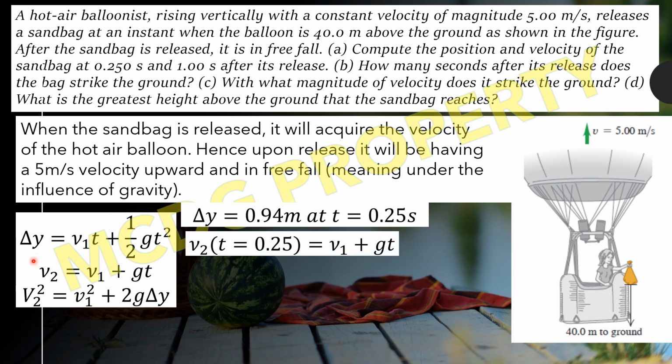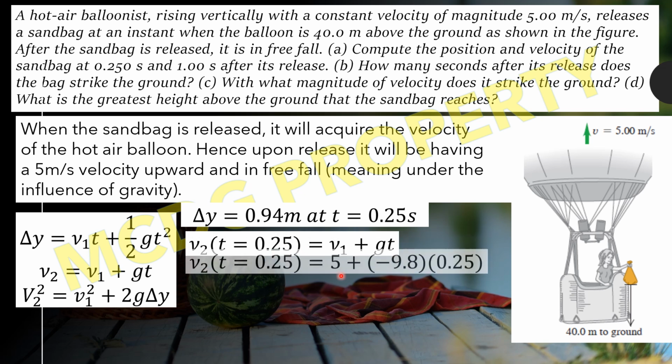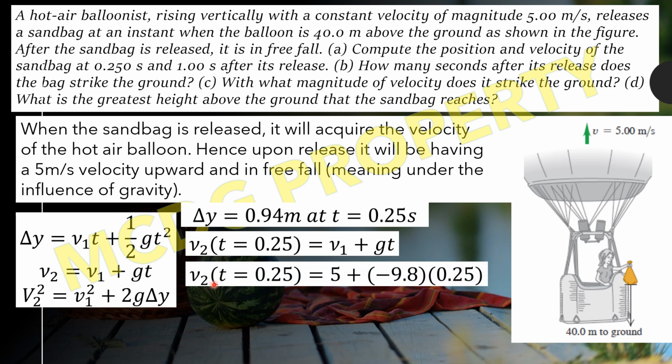So using this equation, for t equal to 0.25 seconds, we will obtain V2 at t equal to 0.25 seconds is equal to 5, which is the initial velocity, positive 5 meters per second, plus negative 9.8 times 0.25.